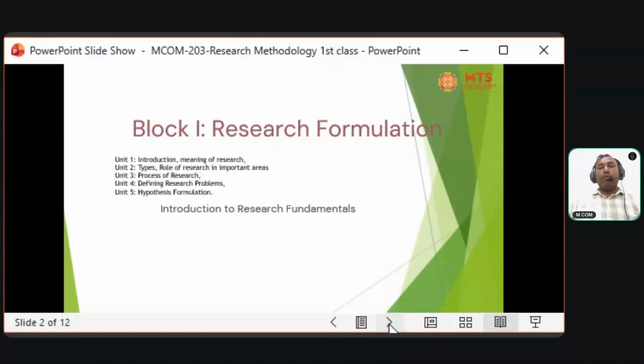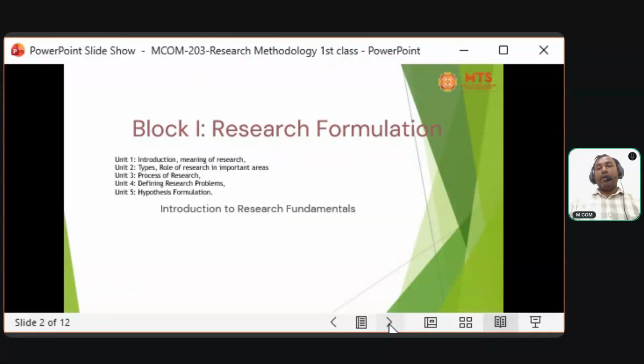In unit 1, the introduction and meaning of research will be discussed. Unit 2, types and role of research in important areas, and unit 3, process of research.